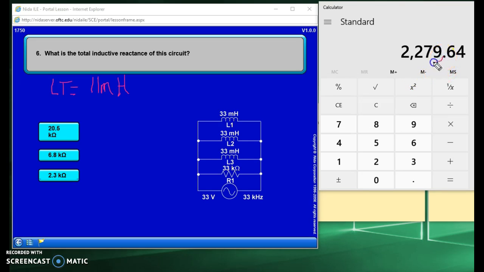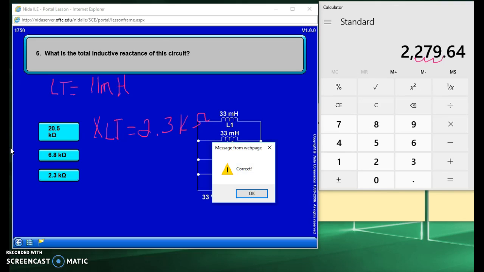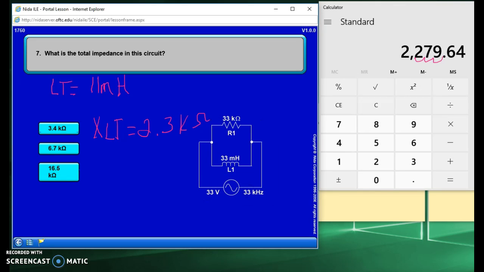If we move it over to get K, 1, 2, 3, 2.2 K, which rounds to 2.3. So X L total equals 2.3 K ohms. And there's our answer right here. So let's click on that. And we are correct. So let's begin the next problem.